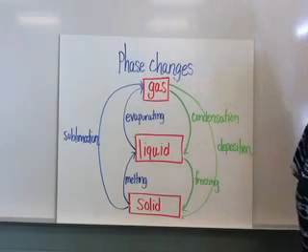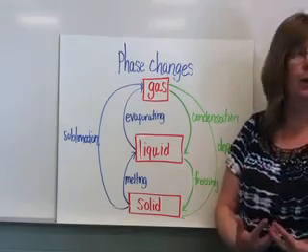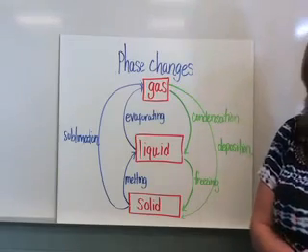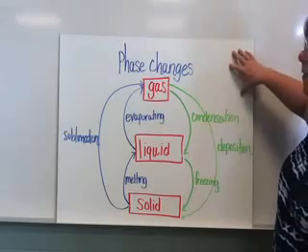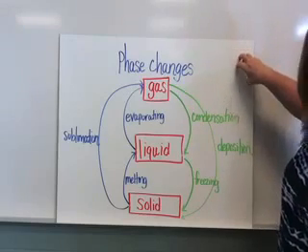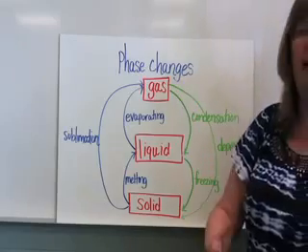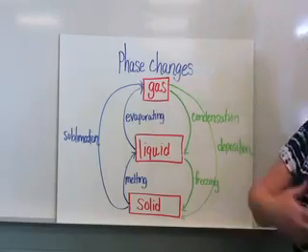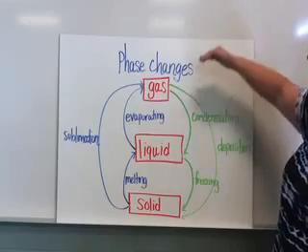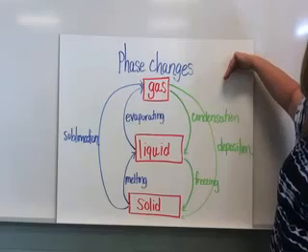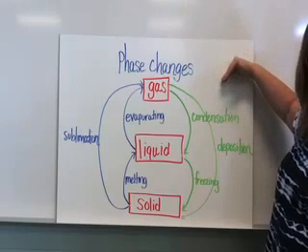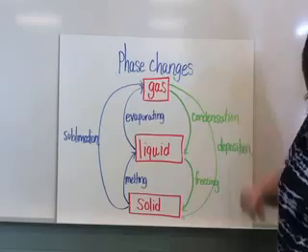For this video, I want you to know for sure that all phase changes in matter are physical changes. The identity, the chemical formula, for instance, water, H2O, does not change in a phase change. That is a physical change.